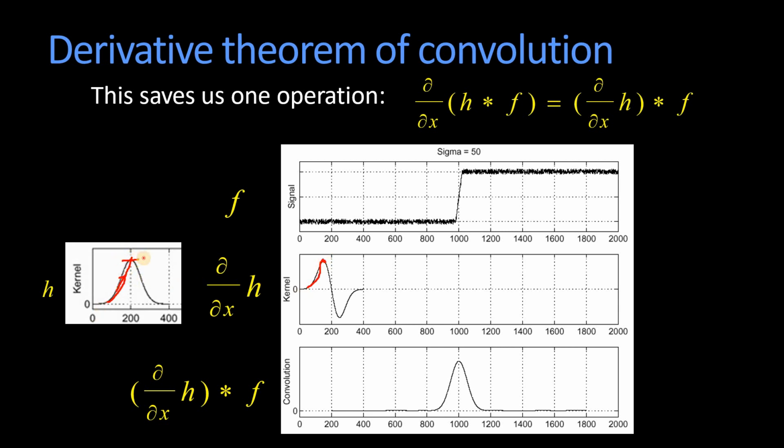When you reach the top, remember when the slope becomes 0, the derivative is 0. So the top is represented by this location over here. Then we start descending, we go down. Going down the slope is represented by the negative, so that is represented by this half of the derivative. So this is the kernel h and this is the derivative.